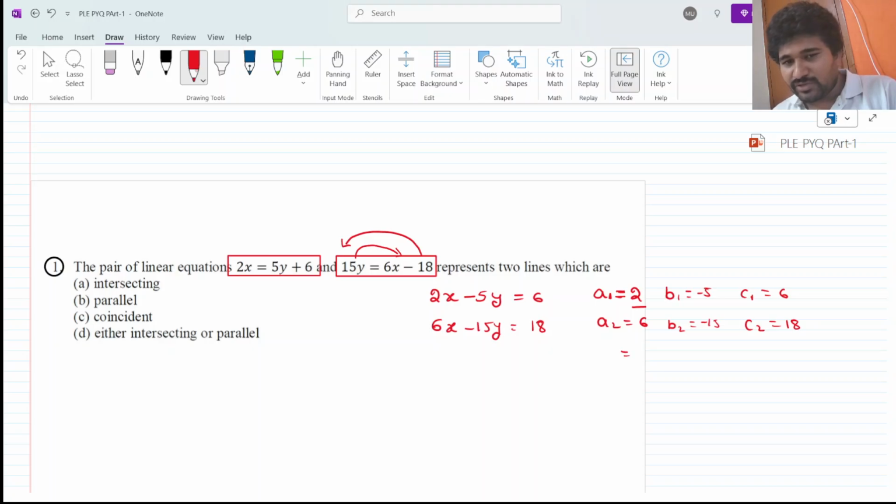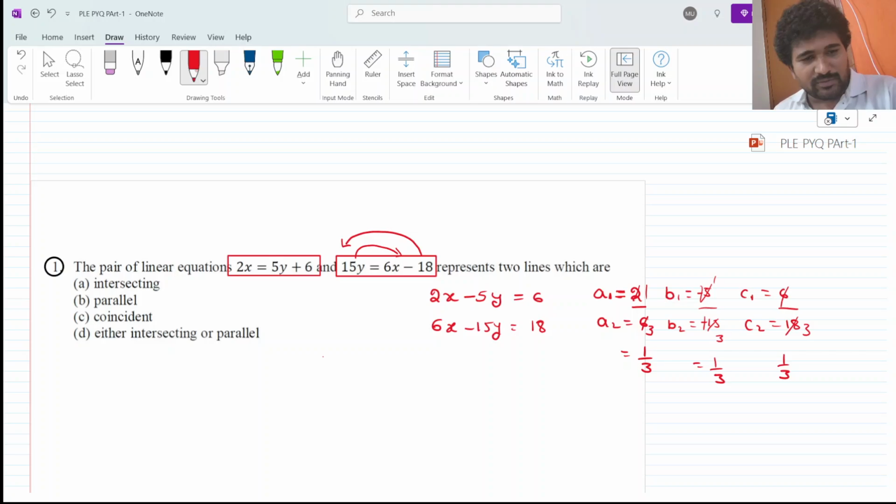So try to do a1 by a2. How much you are going to get? 2 ones are 2, 2 threes are 6. So 1 by 3. Here minus minus cancel. 5 ones are 5, 5 threes are 15. So it is also 1 by 3. Divide this. 6 ones are 6, 6 threes are 18. This is also 1 by 3.